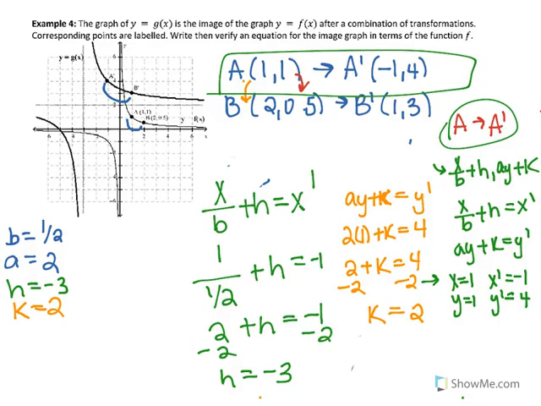We're going to plug it into our function. So y minus k, we don't know the equation of the graph, so we'll just plug it into this.